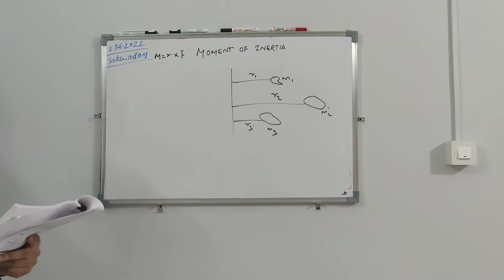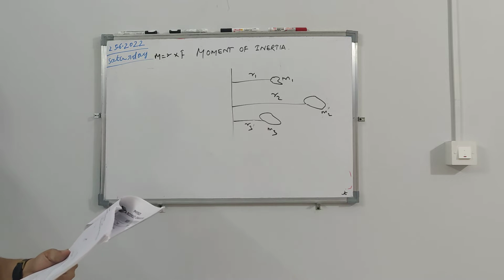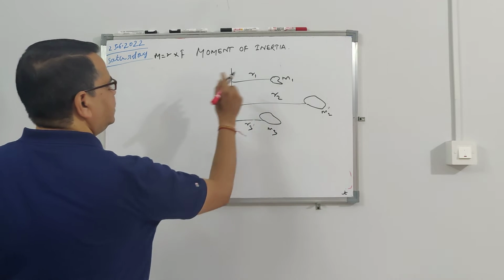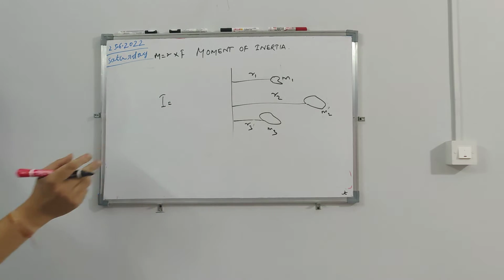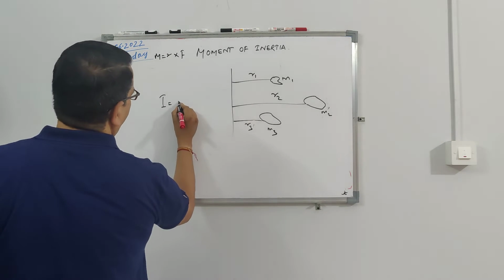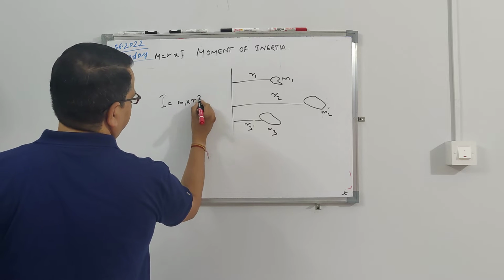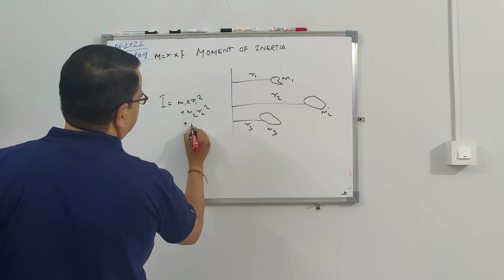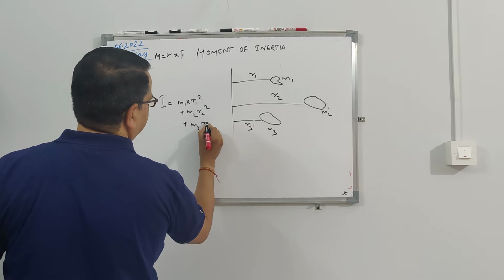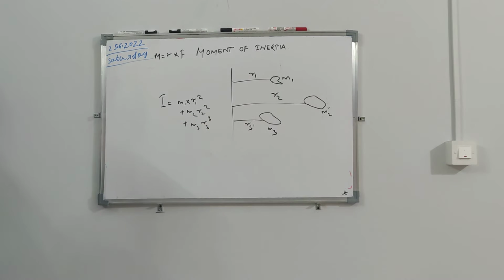Moment of inertia is a scalar positive quantity, not a vector quantity. So the total moment of inertia of this system is m1 into r1 square plus m2 into r2 square plus m3 into r3 square. So this is the moment of inertia.